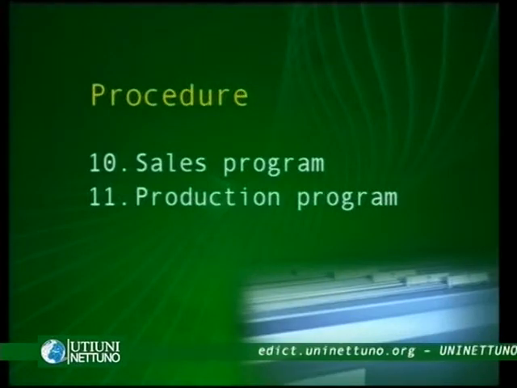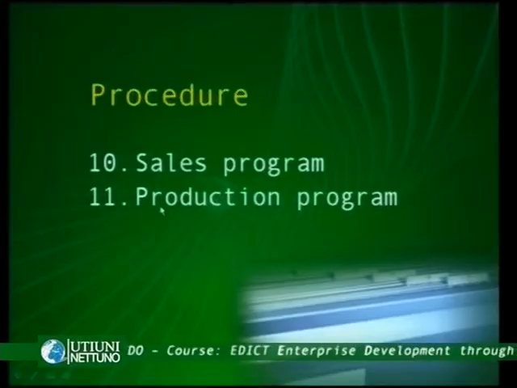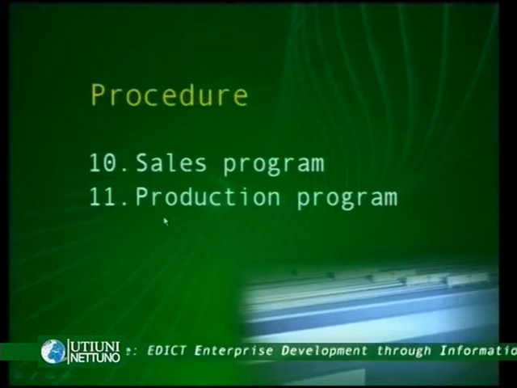Once we have fixed the sales program, we should define what is the manufacturing requirement as well. So following the sales program, we have the production program. So we have to manufacture or deliver what we have planned in our sales program. Between the sales program and the production program is very important to synchronize the different timing of actions, since the schedules may be totally different.